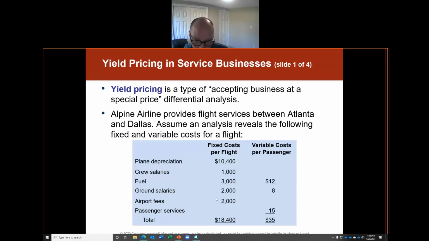Ground salaries, $2,000. Airport fees, $2,000. Giving us total fixed cost of $18,400. And I have variable costs per passenger, $12 per passenger for fuel, $8 per passenger for ground salaries, $15 per passenger in passenger services, $35 cost per passenger. Okay, so I have fixed cost and variable cost, $18,400 and $35 per passenger.